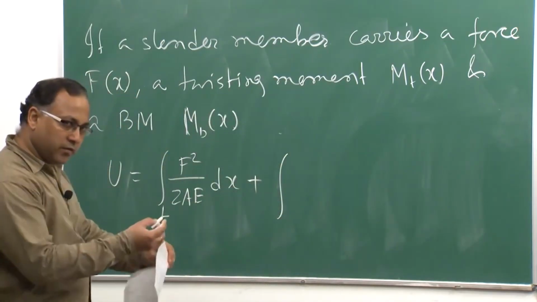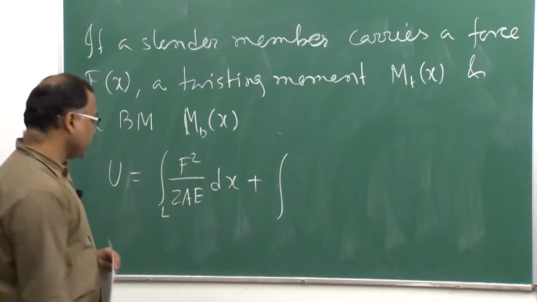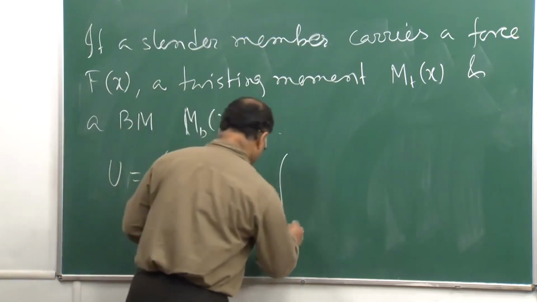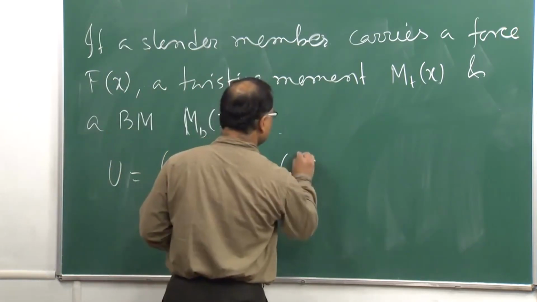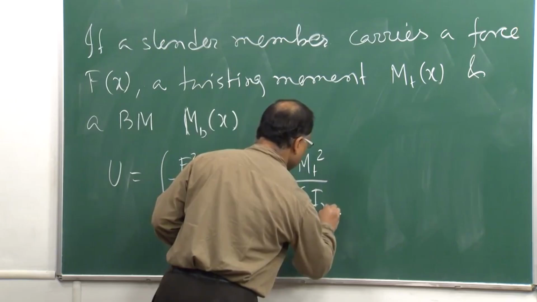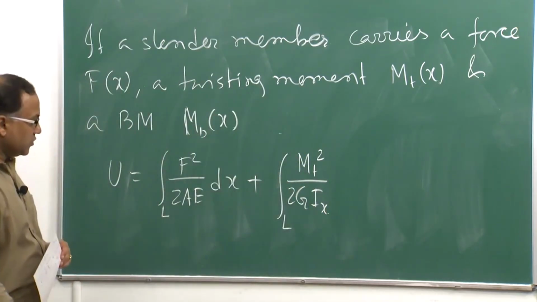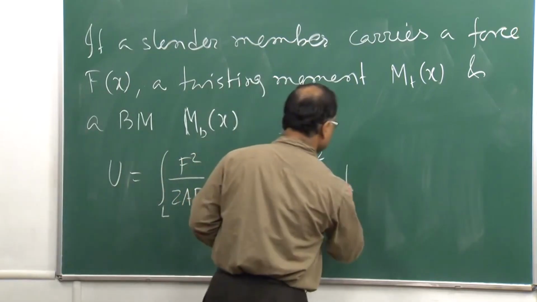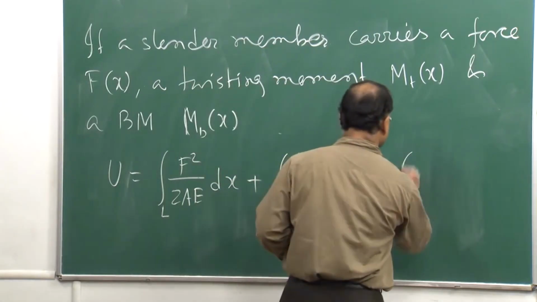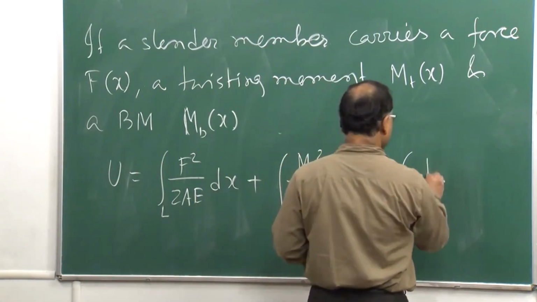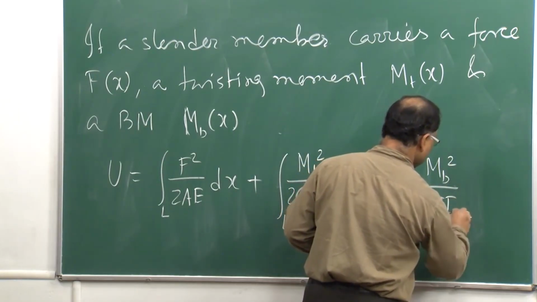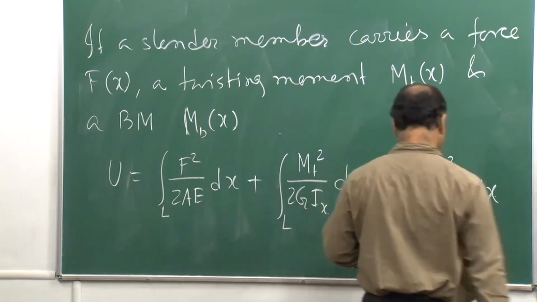The slender member is along the x direction and the loading is also with respect to the x axis, and then integral of Mt square by twice G Ix dx. We are considering the x axis, that is why we are writing Ix, but that is nothing but the polar moment of inertia with respect to the x axis, fine. And then Mb square by 2 E Izz dx, right.